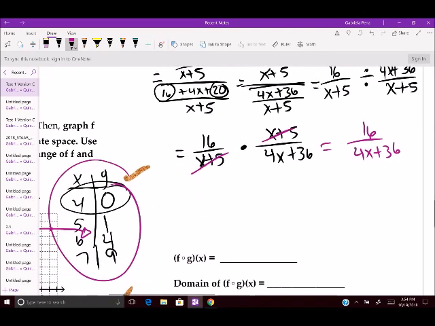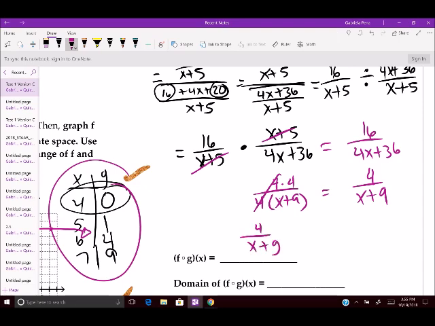But when I look at 16, the 4, and the 36, they're all divisible by 4. So I'm factoring out a 4 for right now. Changing the 16 to 4 times 4. These guys cross out, so this becomes 4 over x plus 9. So the equation here should be this.